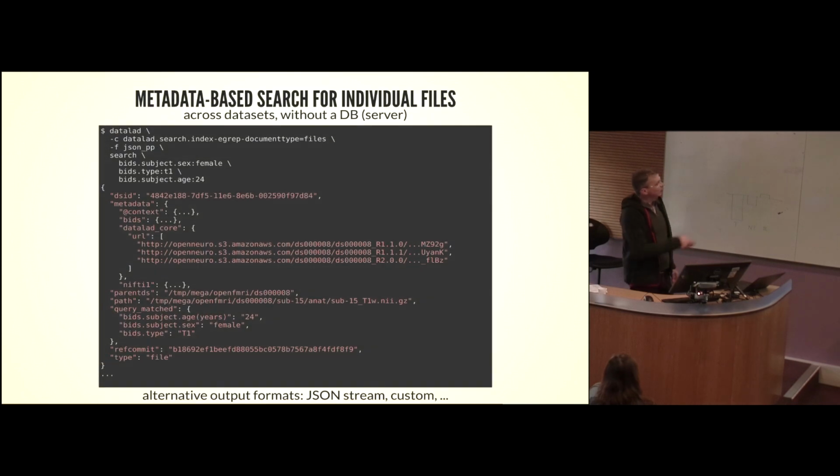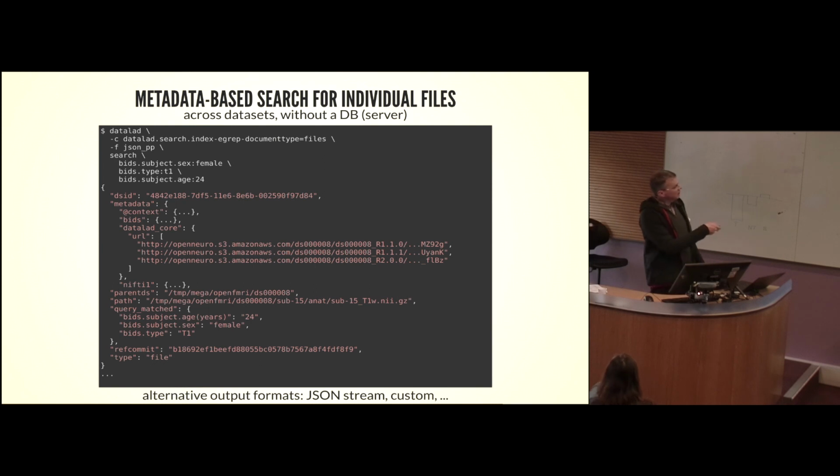Let me give you one example. Just pay attention to this command. It's longish. It utilizes DataLad's search functionality, which does not require any database server. It's just a flat file search. What this does, if you install DataLad on your machine, is obtain a reference dataset that tracks all the datasets in all kinds of data portals.